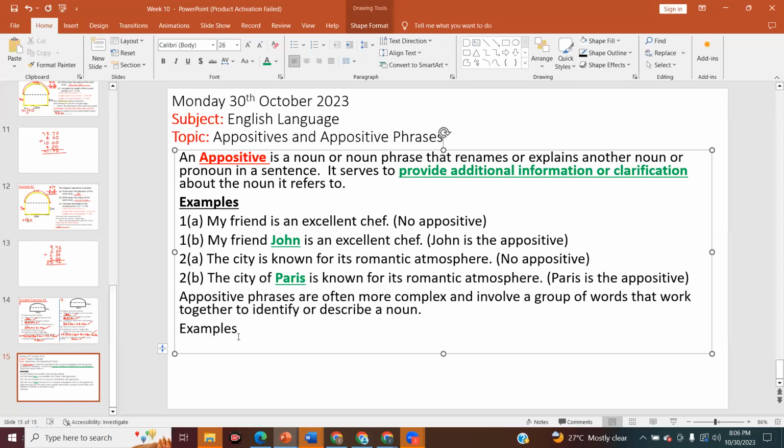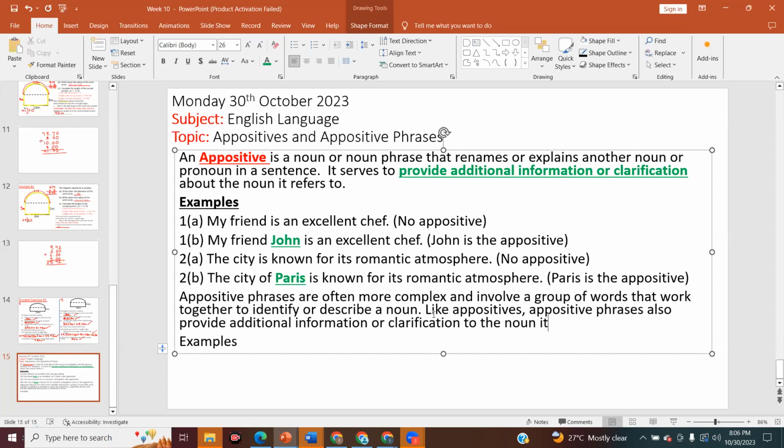Remember, we could say these appositive phrases also provide additional information or clarification to the noun they refer to.